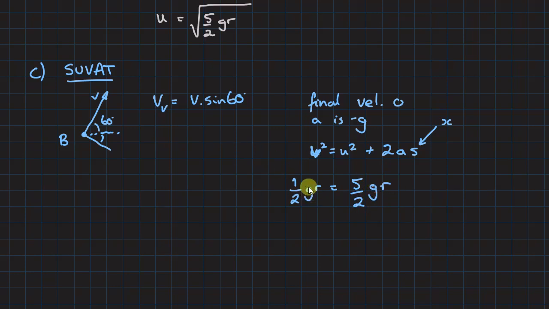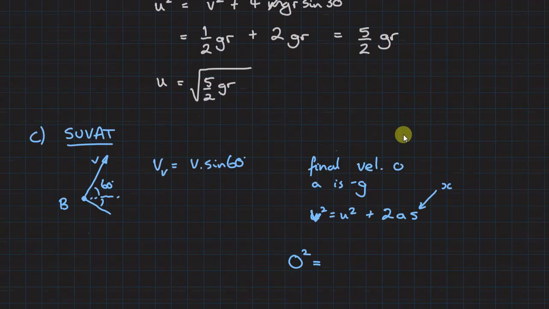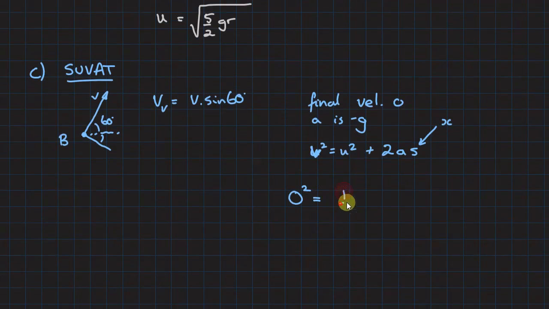Oh, I forgot, I've got all those the wrong way around. So my velocity at the end is 0 squared. My vertical velocity is the velocity v, so the half gr, square rooted, but we're going to square it in a minute, times the sine of 60.